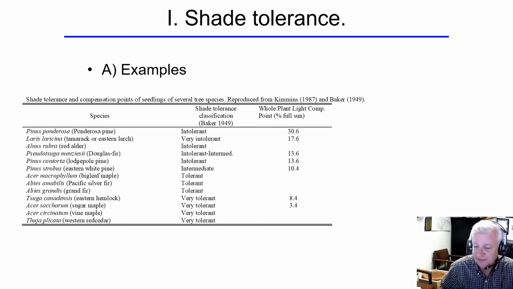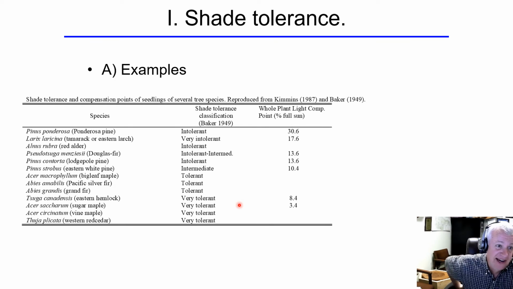Here's an example of a table showing shade tolerance of a number of species as classified in an old paper from the Journal of Forestry. These classifications weren't really based on physiological measurements or anything like that. They were based on foresters' observations of which species could deal with low light conditions.